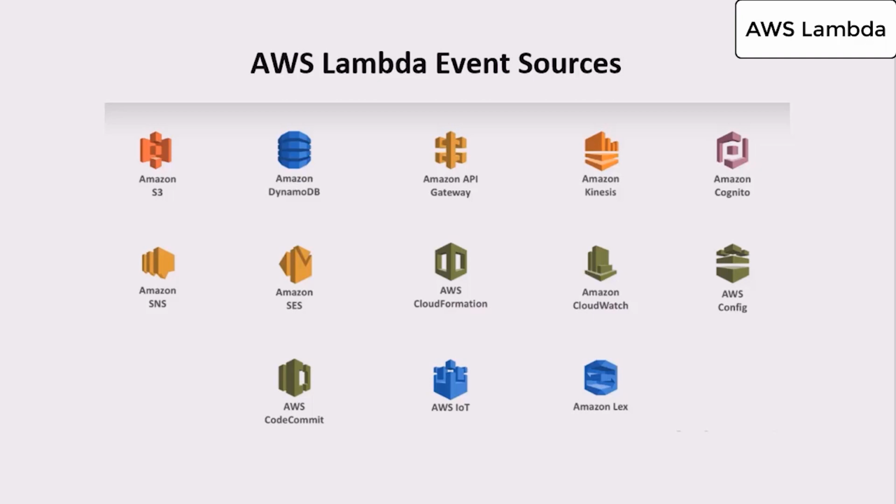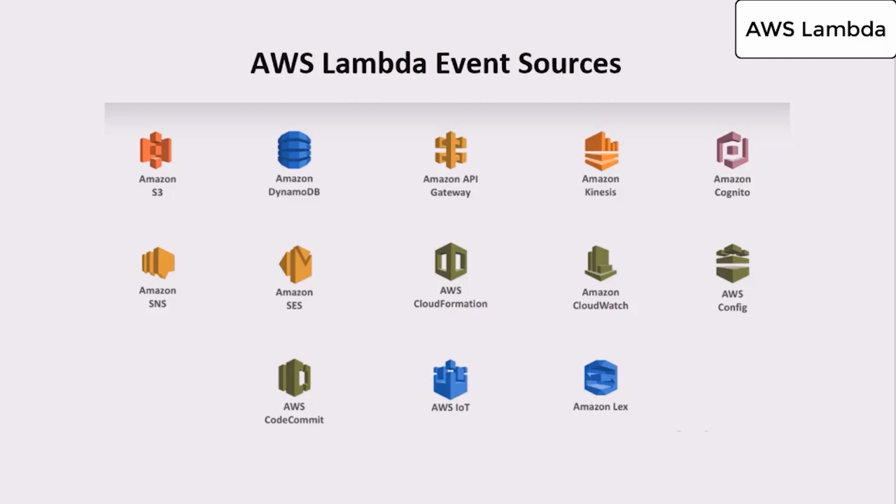Just like in the previous example, when something is put into S3, it will trigger the Lambda function. Similarly, if somebody in DynamoDB is creating a table or putting some entry, that can also trigger the Lambda function, because as we see here, Amazon DynamoDB is mentioned as an event source.